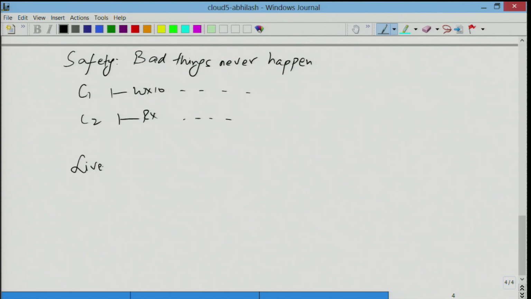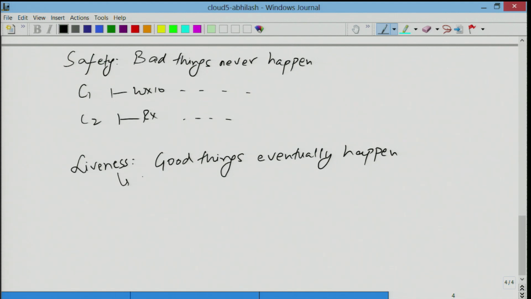But at the same time, you would also want liveness, which means good things eventually happen, right? So hopefully the read and write requests are serviced, and you would want liveness across faults, right? So even though disks are failing, the storage system is still servicing requests in a way that upholds your safety requirement.